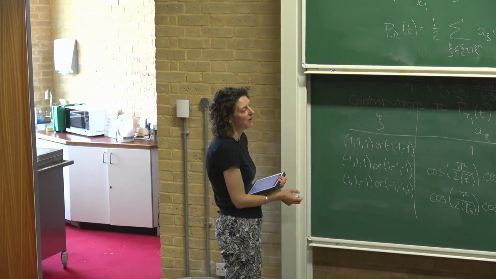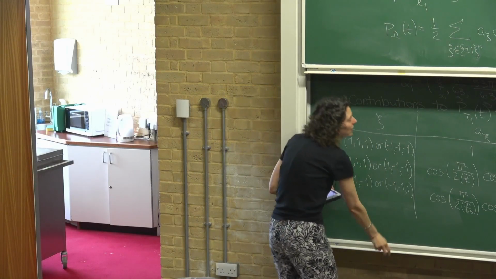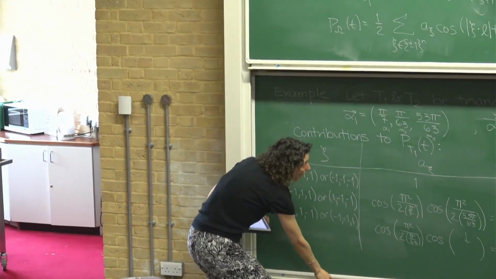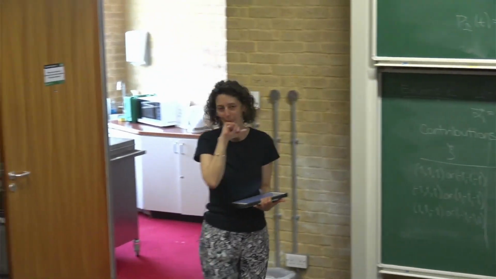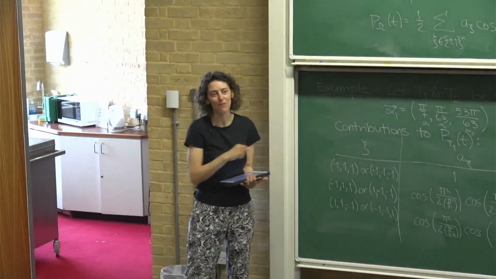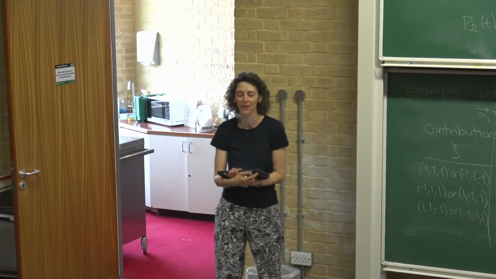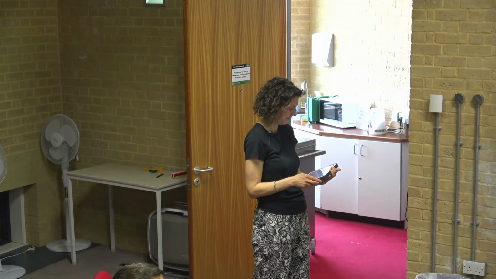Okay, I'm now going to give you about 1 minute to think. What can you tell me about PT2 of t? If you start doing the same, you could set up your table, start doing the same computation. What's happening with PT2 of t?